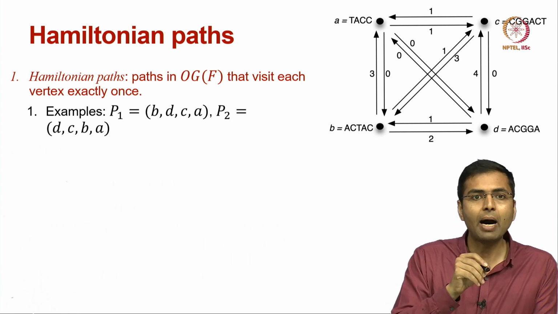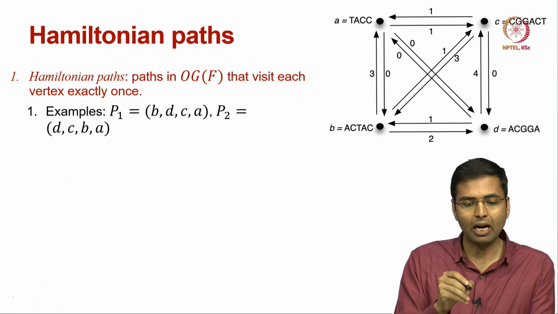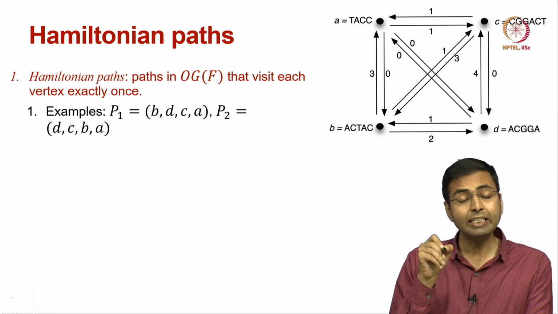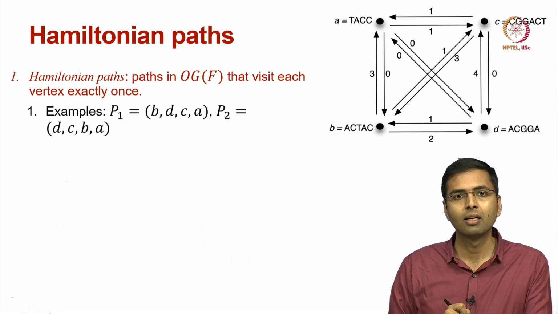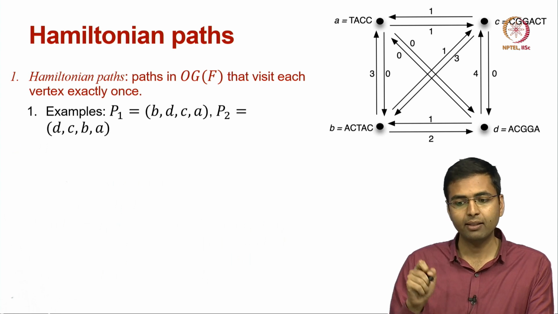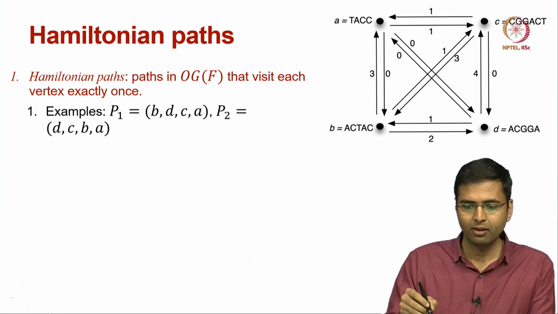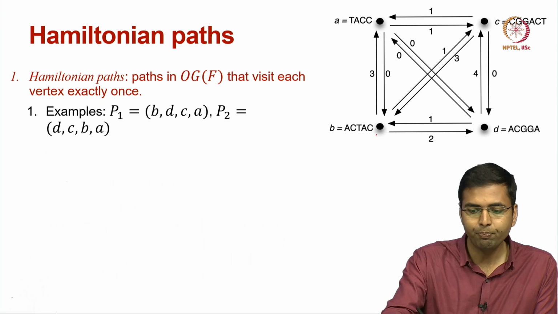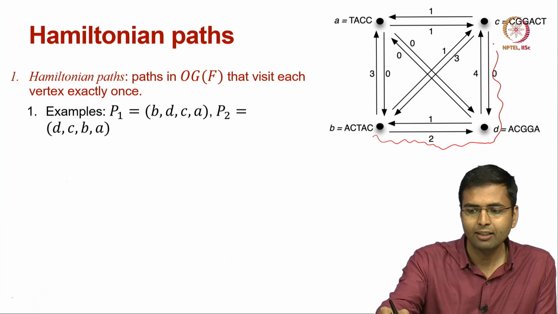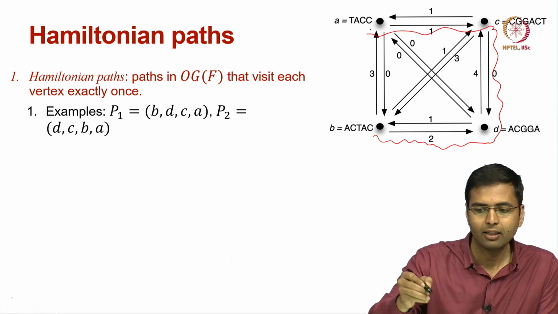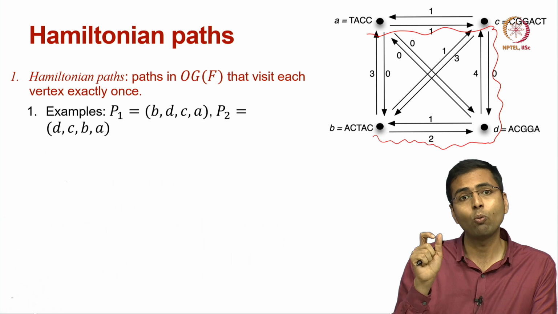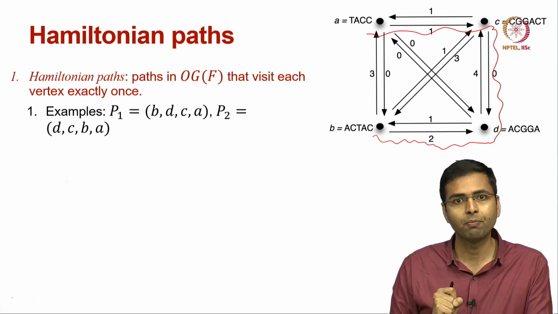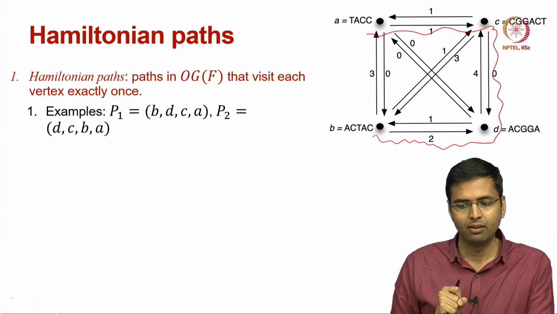So, Hamiltonian paths are those paths in the graph that visit each vertex exactly once, right. So, for example, in the example shown here, the path starting from B going to D, then going to C and then going to A. This is a Hamiltonian path because it visits each vertex of the graph exactly once, right.